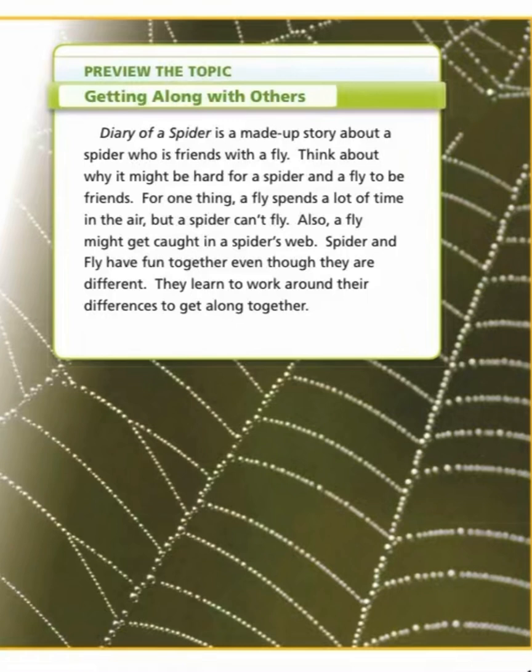For one thing, a fly spends a lot of time in the air, but a spider can't fly. Also, a fly might get caught in a spider's web. Spider and fly have fun together even though they are different. They learn to work around their differences to get along together.